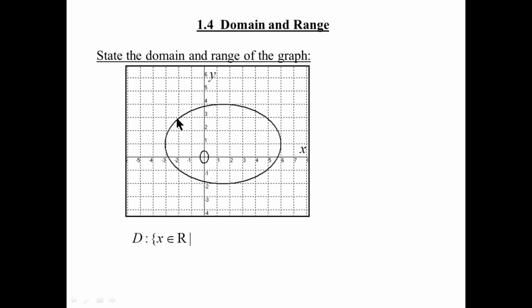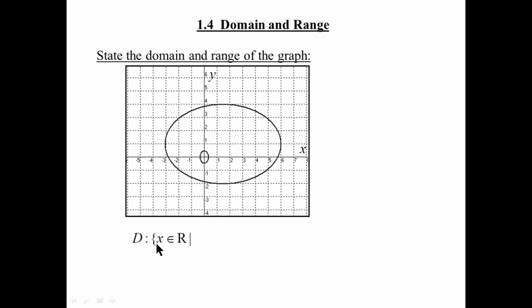So whenever there's a continuous line of a graph, we say that x is in real numbers. The only time we don't is when what we're looking at is several points or a piece or pieces of a graph. But this is one continuous line, so we say x is in real numbers, and this vertical line is read as such that.